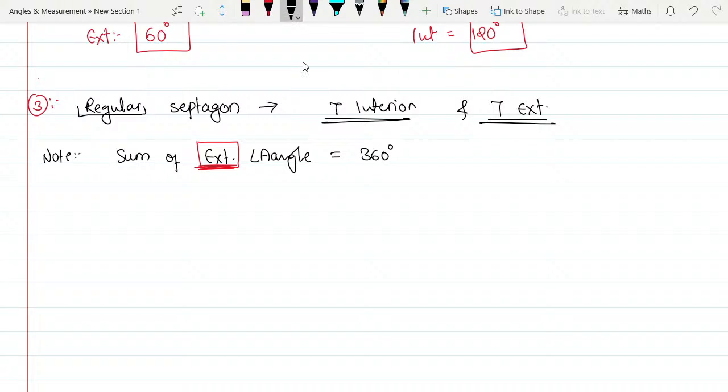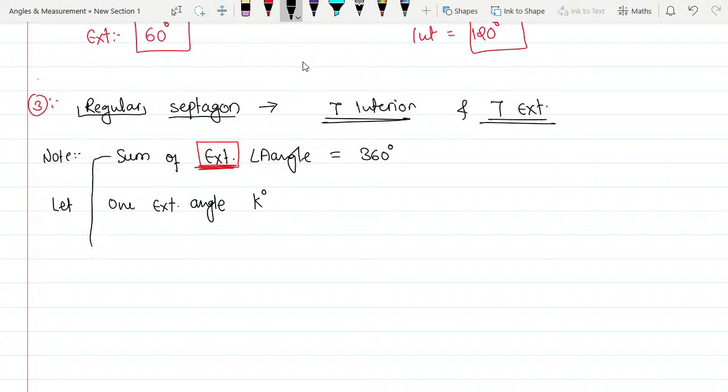Now what equation will you have for the regular septagon? Let one exterior angle be K degrees, or you can take it as K radians, anything. Let's take K degrees.